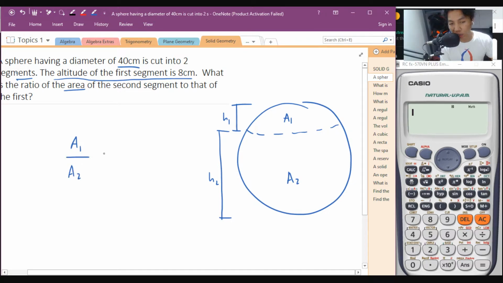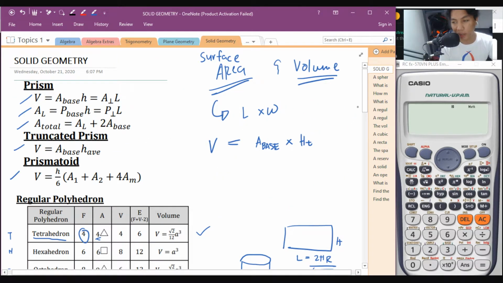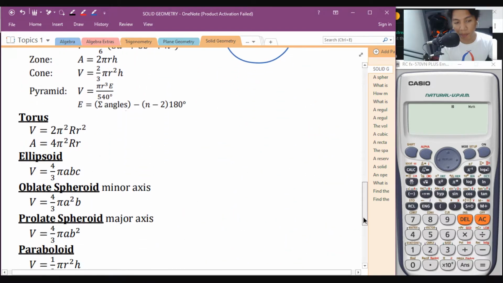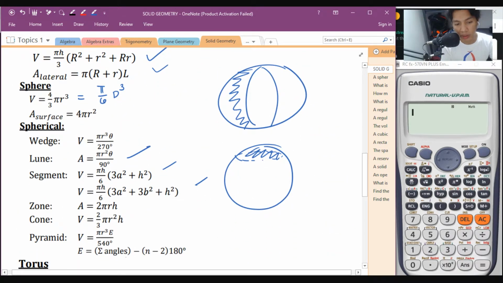Now, ano po ba yung area ng bawat segment? Di ba nakalagay dito? Ang segment, kung maaalala nyo. The area of the segment here is, hindi nakalagay, the area of the segment. Yun, the second segment. The area kasi ay, ang tawag doon ay zone. Ayan, no?